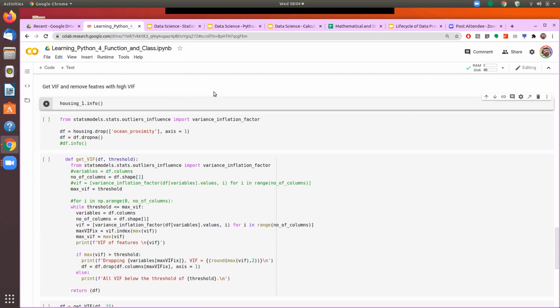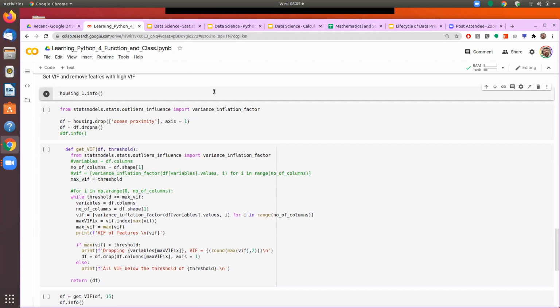If it is between 5 and 10, then the correlation exists. They are correlated, but they are not highly correlated. And anything more than 15 is supposed to be a high degree of correlation. So what we will do now is find out the VIF, and then we will eliminate those columns which have a VIF of more than 15 with other data elements.